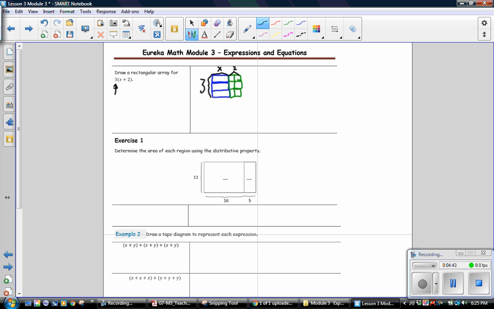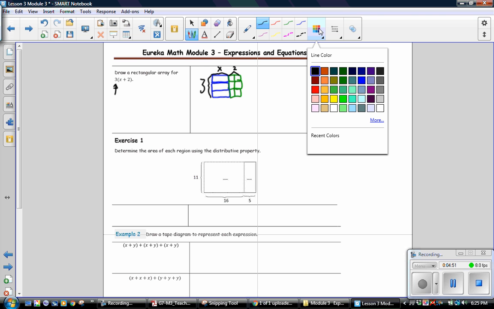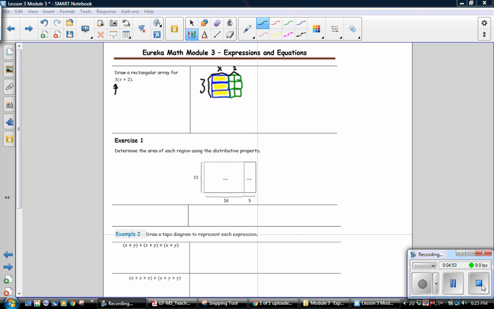So that is the rectangular array for 3 times the quantity x plus 2. Determine the area of the shaded region. The shaded region is 3 times x, and that is 3x.